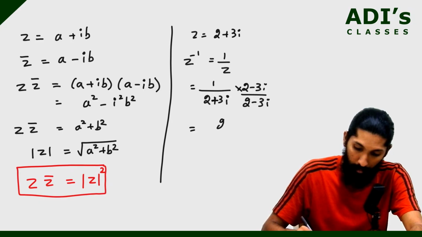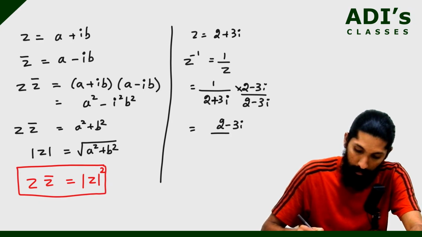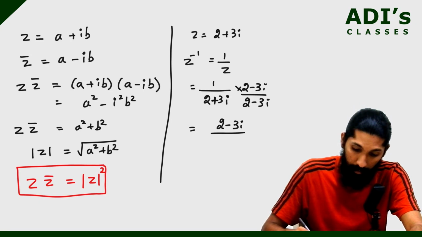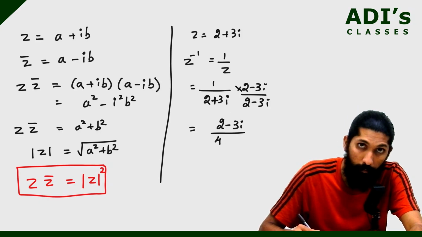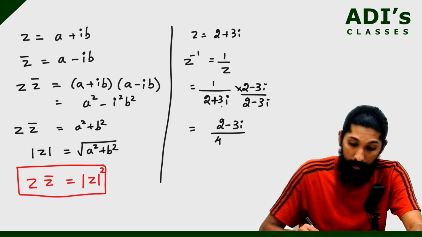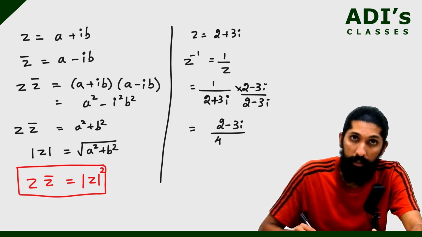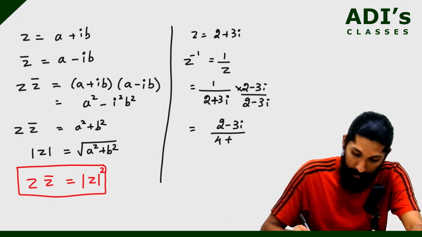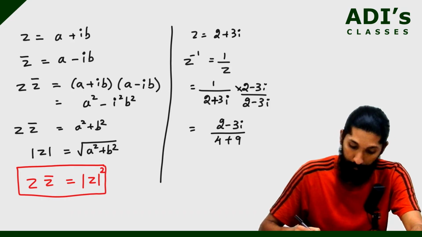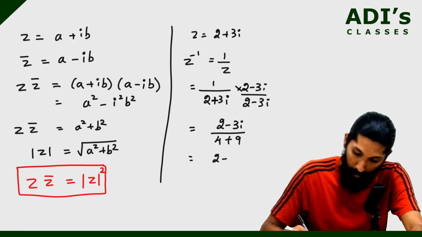The numerator becomes 2 minus 3i, divided by the denominator. This becomes 4 because 2 square is 4. This is the a square minus b square formula, right? So minus 3 square i square, which becomes plus 9. Or this becomes 2 minus 3i divided by 13.